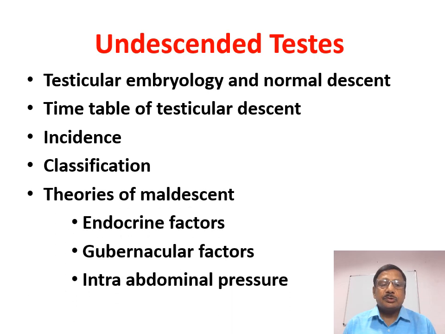Classification. Then what are the theories of maldescent? Whether it is the endocrine factors, gubernacular factors, or mechanical in the form of intra-abdominal pressure. As you know, when there are so many theories, then there is no one definite cause.